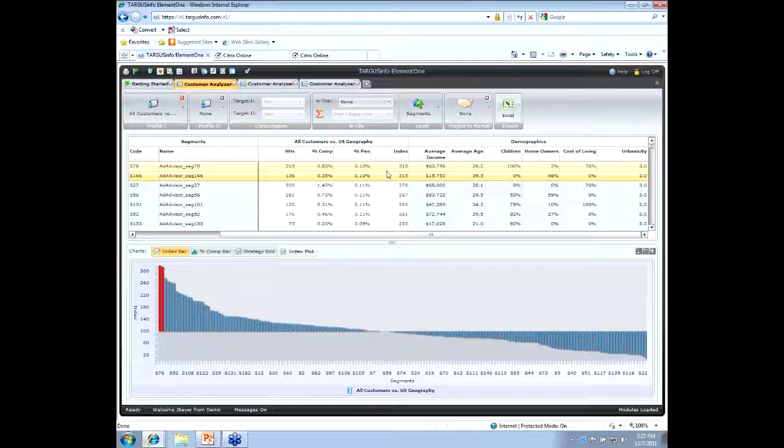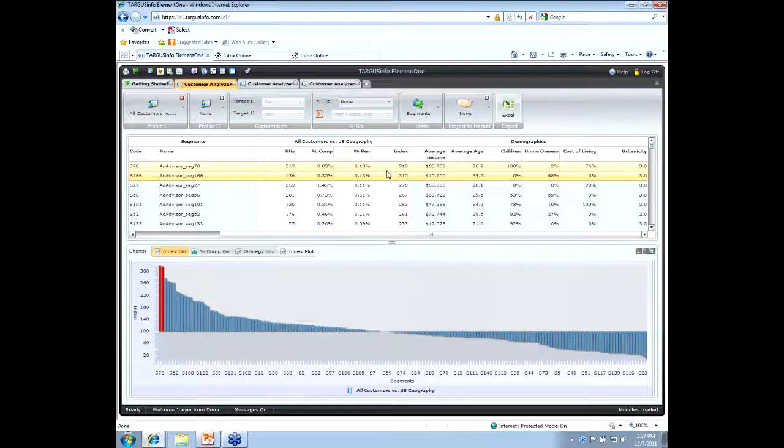Segment 78 has children. Segment 166 does not have children. Segment 78 never owns their own home, where segment 166 tends to, or half of them own their own home. Segment 78 lives in very affordable cost of living areas, where segment 166 lives in the most expensive parts of the country, and both of them tend to live in the suburbs.